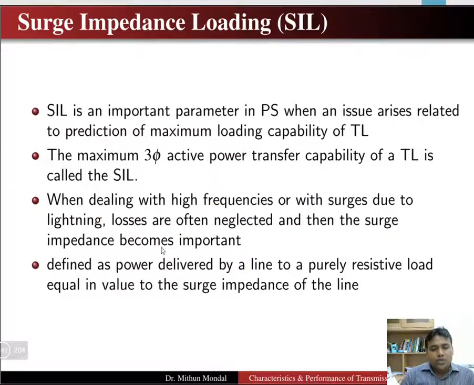So it is defined as the power. This is the first definition: the maximum three-phase power that the transmission line can take is known as the surge impedance loading.